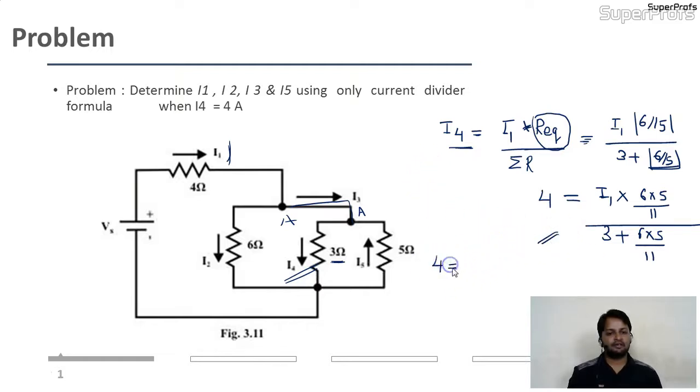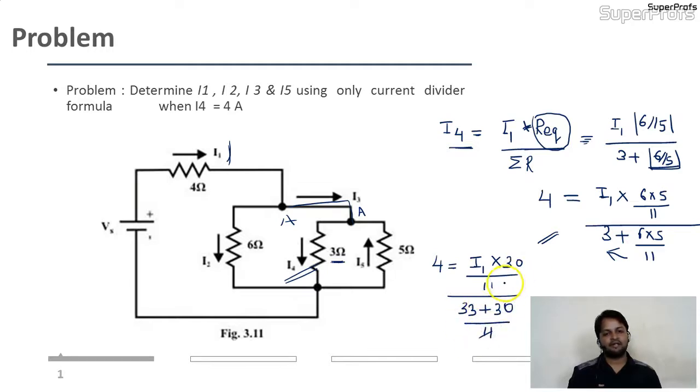This 4 equals I1 into 30 divided by 11. Here we'll take the LCM. It will be 33 plus 30 divided by 11.